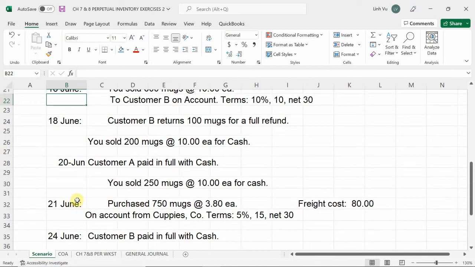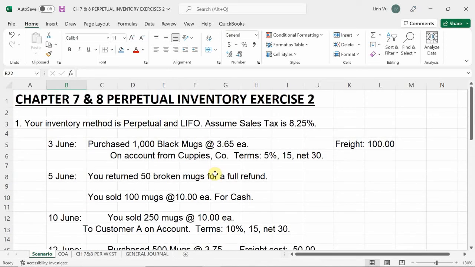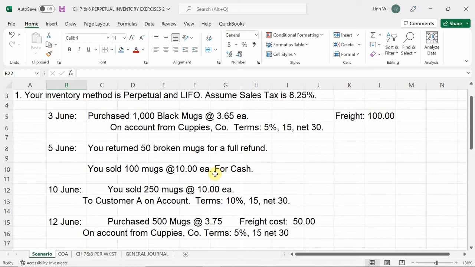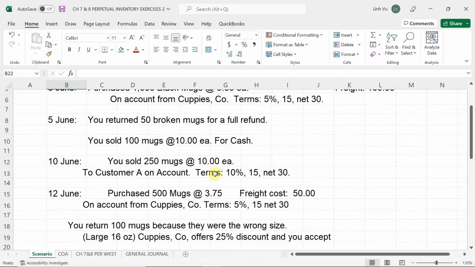Customer A decides to pay in full with cash, okay? So customer A is paying for what they owe me. So let's take a look at when we sold to customer A. We sold to customer A on an account on June 10, and we gave customer A terms of 10% 15 net 30.